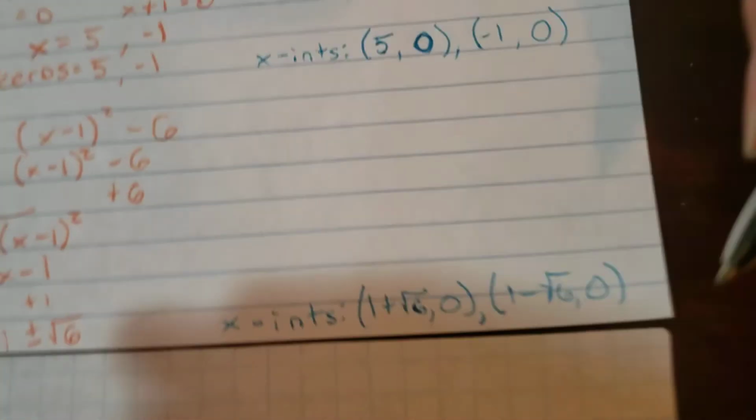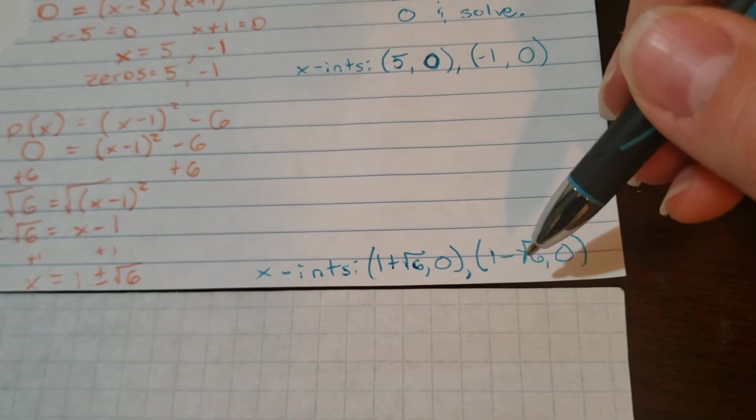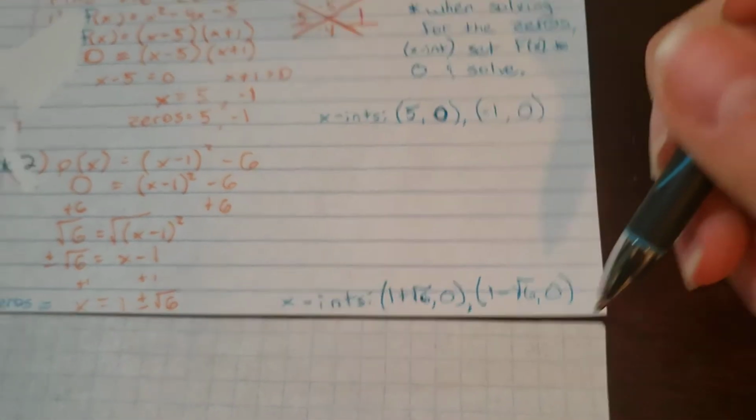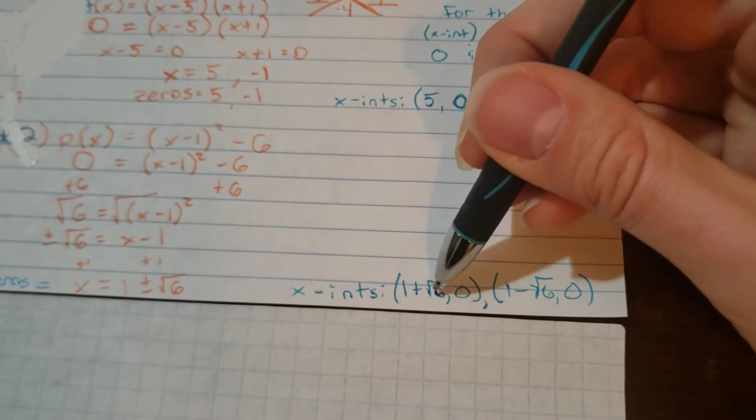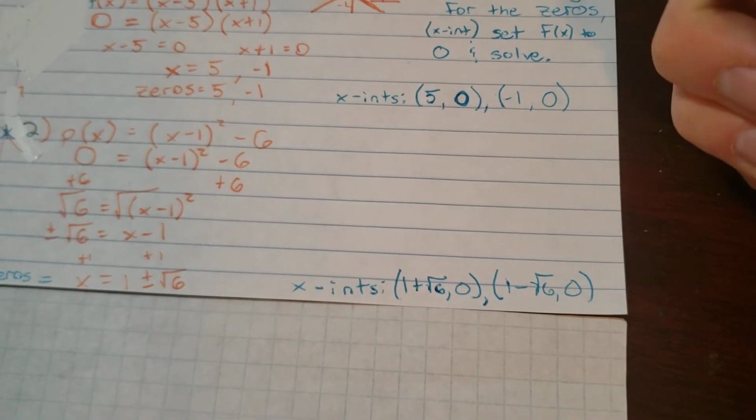Again, there's a value for the square root of 6, I don't know it offhand. So my two different ones are 1 plus that and then 1 minus that. Okay.